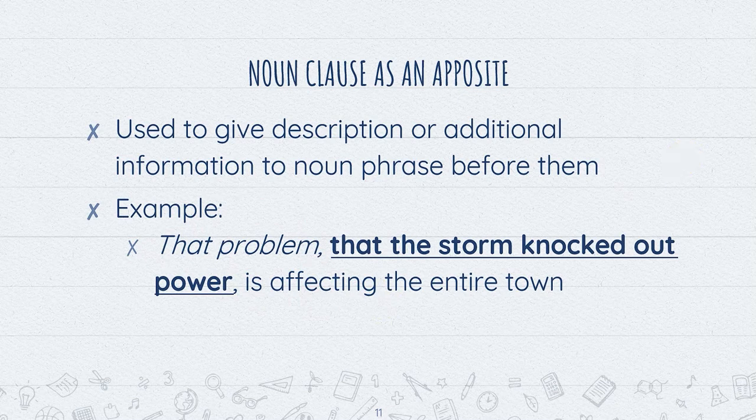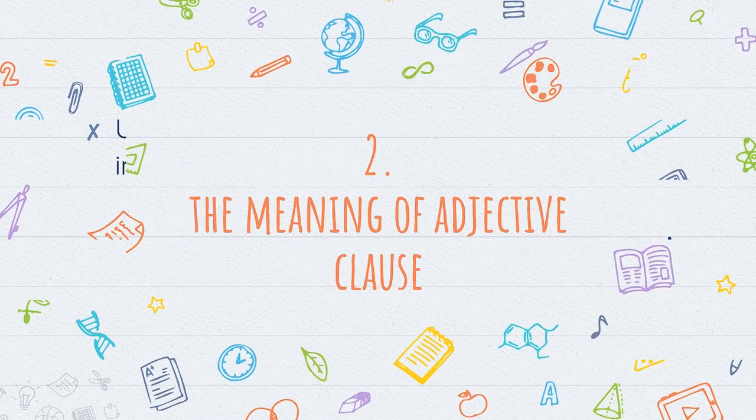So if you want to use a noun clause as an appositive, it is usually placed in the middle of the sentence to explain or give additional information about the noun phrase before the noun clause itself.